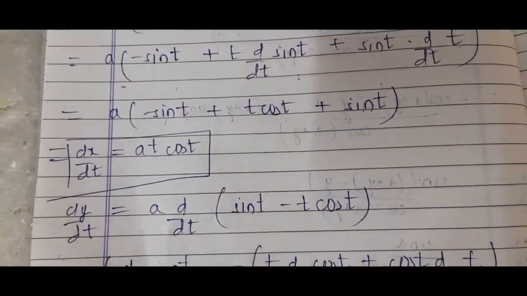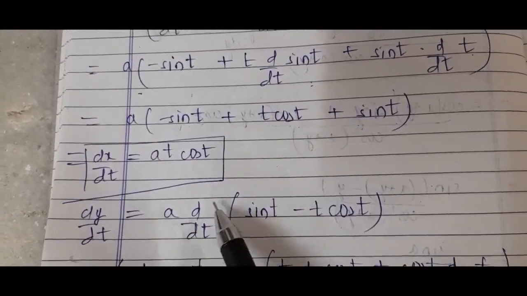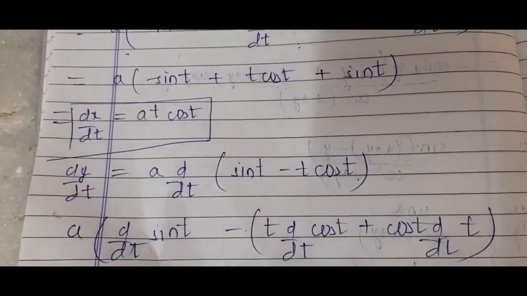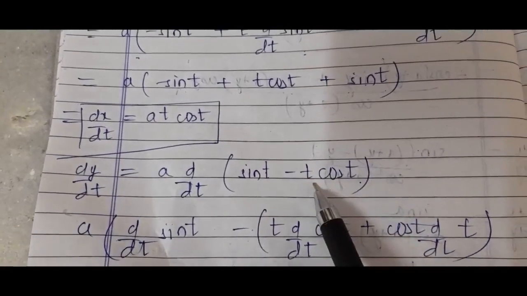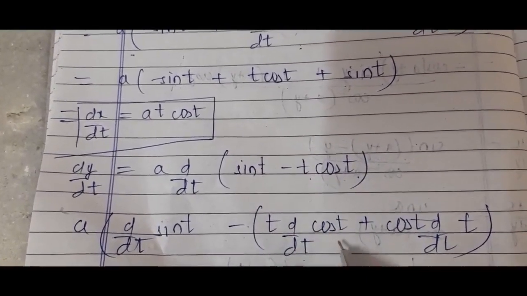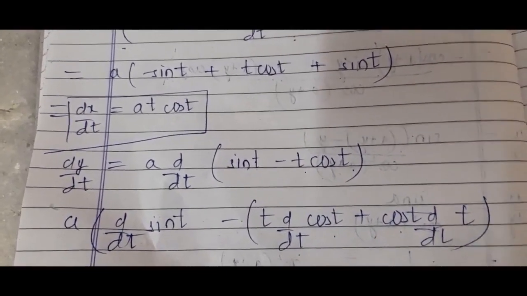Now we'll differentiate y with respect to t and we get dy by dt equal to a constant d by dt of sin t minus t cos t. That is differentiation of this with respect to t minus, here we are going to use f(x) into g(x). So f(x) constant d by dt of cos t plus g(x) constant d by dt of t.